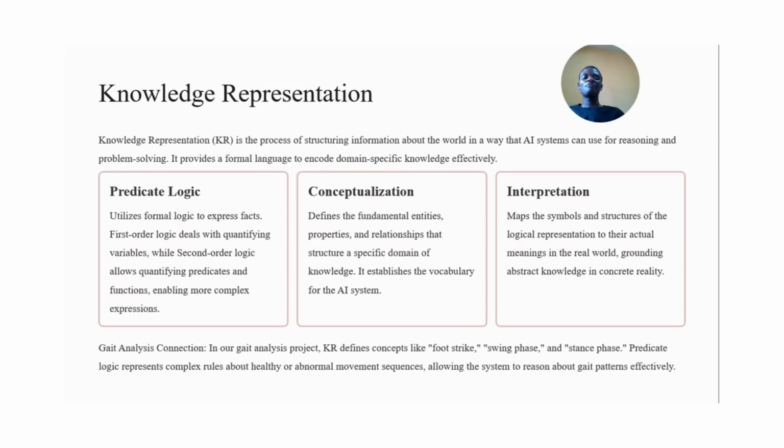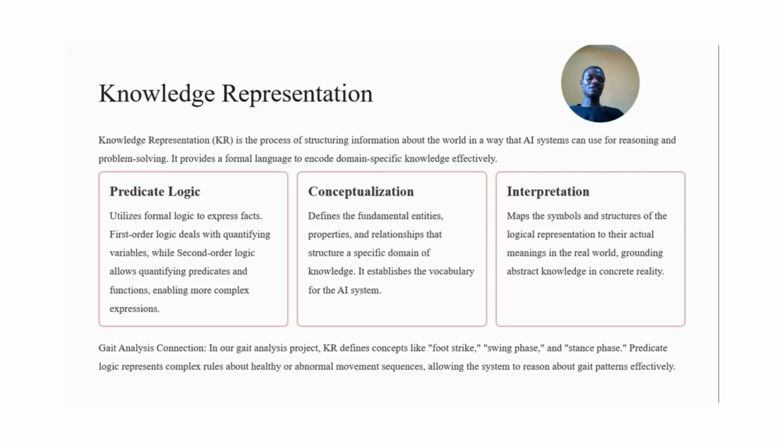Once these facts are expressed, they should be defined in a way that they form fundamental entities. Key aspects about that idea are extracted as entities, properties within it, and relationships. That makes the aspect of conceptualization key. After representing our information using predicate logic, we should conceptualize it and then interpret it.